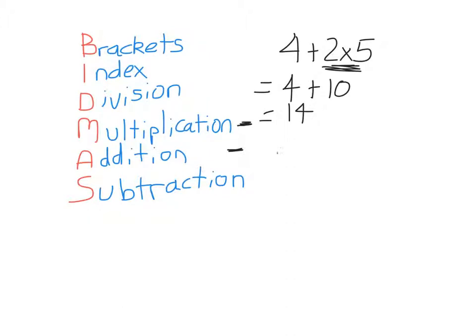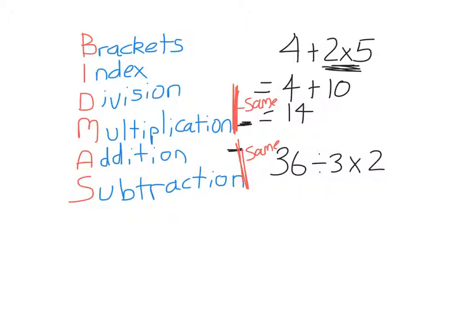Say you had something like 36 divided by 3 times 2. It turns out multiplication and division are actually sort of the same rank because they're essentially the same thing. Same with addition and subtraction, as we'll see. For division and multiplication, you do the one that occurs first from left to right, and same with addition and subtraction.